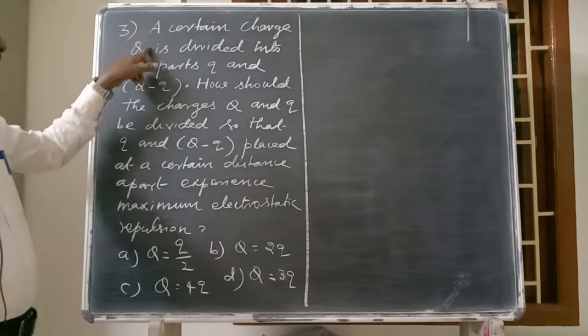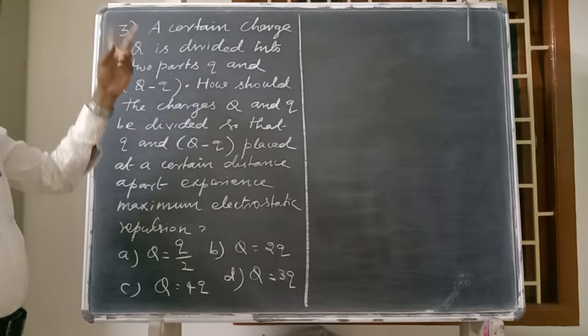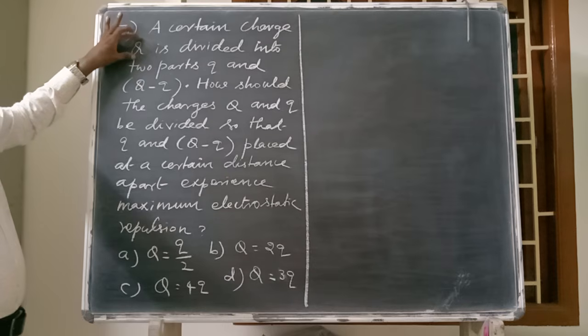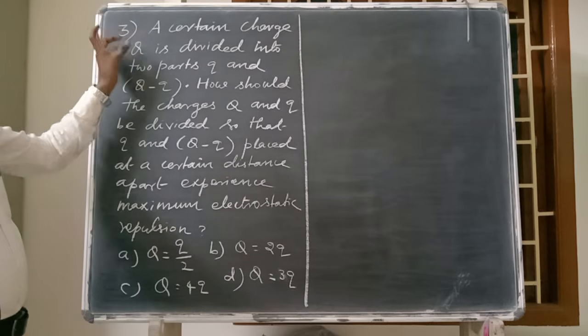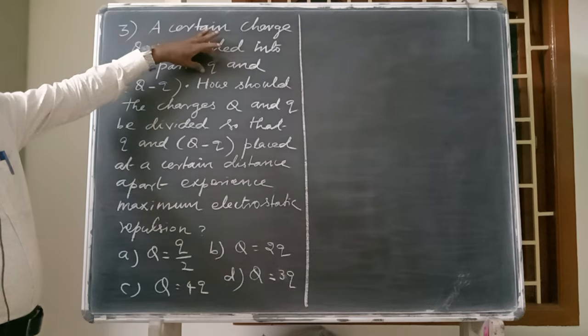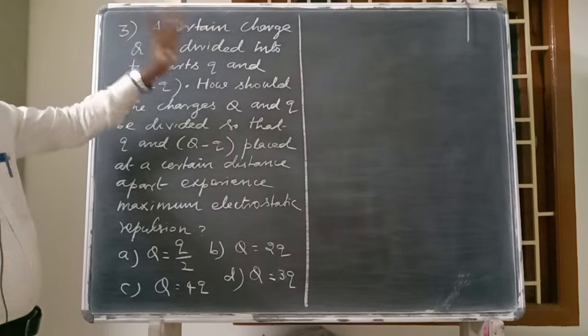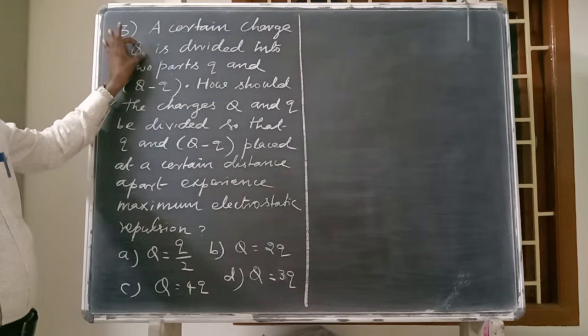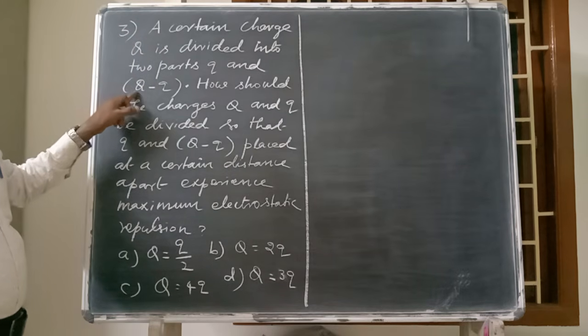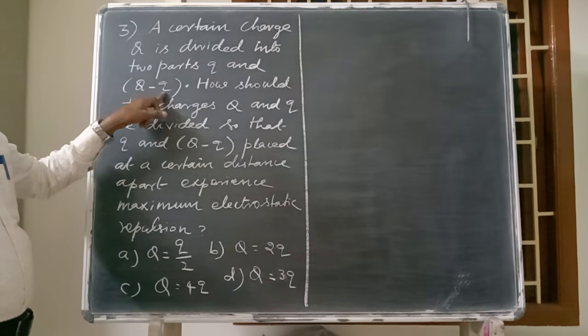First, there is a charge capital Q which is divided into two parts. From this capital Q, a part is separated, that part is small q. So if we take a part from capital Q, then the rest of the charge will be capital Q minus small q.